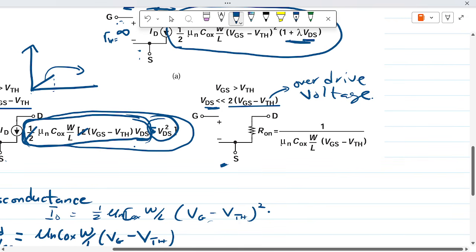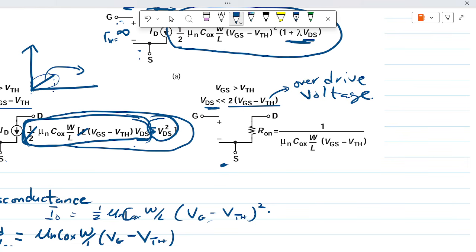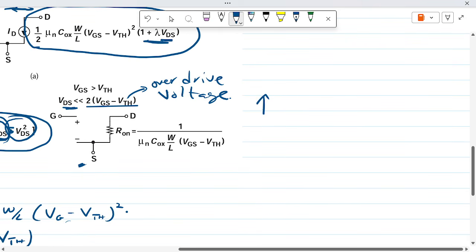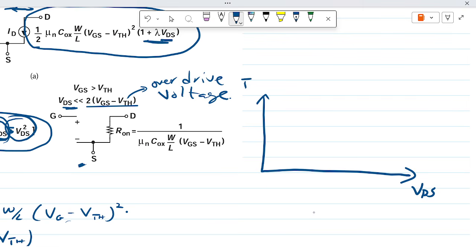In that case, you can model it as a resistor because it behaves as a normal resistor, and the value of the resistance would be given as 1 over this term over here. How did we come across that term? If you plot a curve with VDS on the x-axis and ID on the y-axis, at the early part of the curve we just take the linear side of the equation. So it's approximately ID when VDS is far less than twice the overdrive voltage.